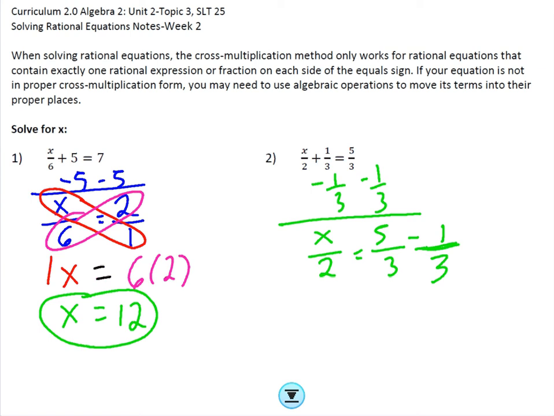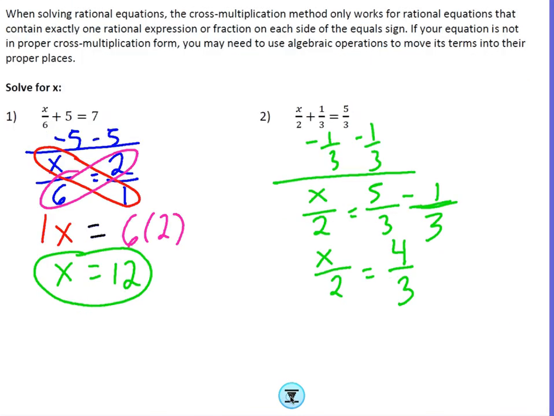Okay? And now, in order to add or subtract fractions, we need the denominators to be the same, and then you would add or subtract the numerators. So in this case, we would have x divided by 2 equals, the denominator is 3, and then 5 minus 1 is 4.